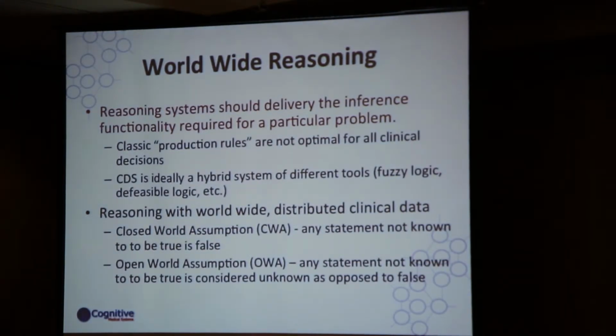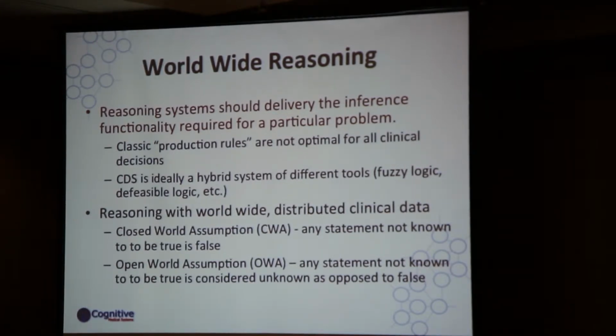And not everything is a production rule. A production rule being a specific type of logic, A plus B equals C type rules. Most of our rules engines are production rule systems. And they have certain requirements structurally or semantically. We happen to use Drools in our work, which is a Java class-based reasoner.